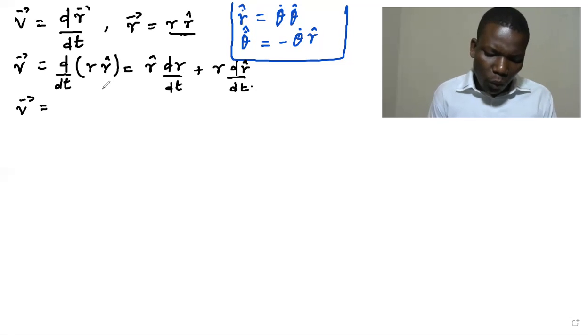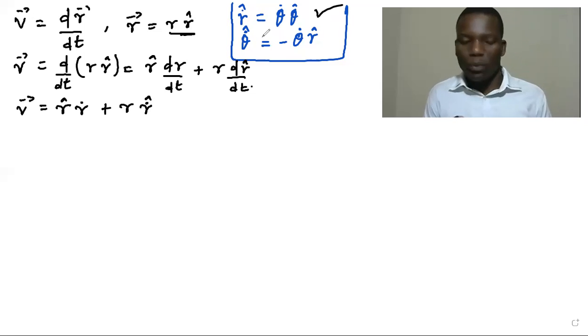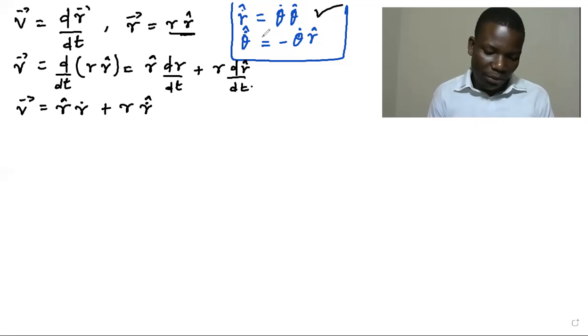So we have the unit vector and R dot here, plus R multiplying the unit vector with a dot that has been differentiated. From the first relationship, we are going to find what this dot is representing, which is what we were doing in the previous video.